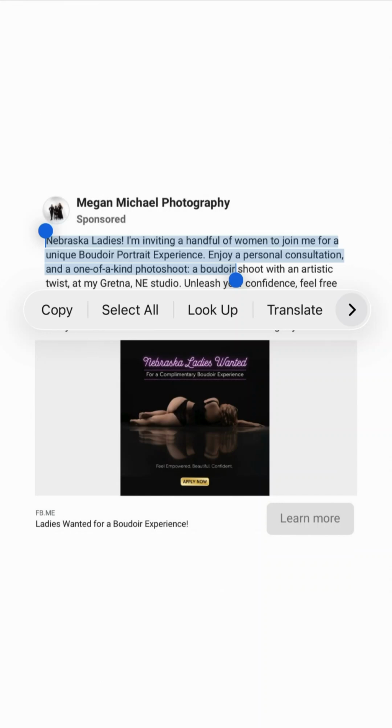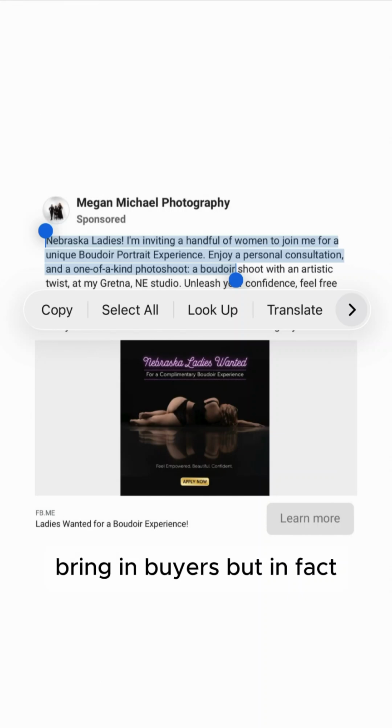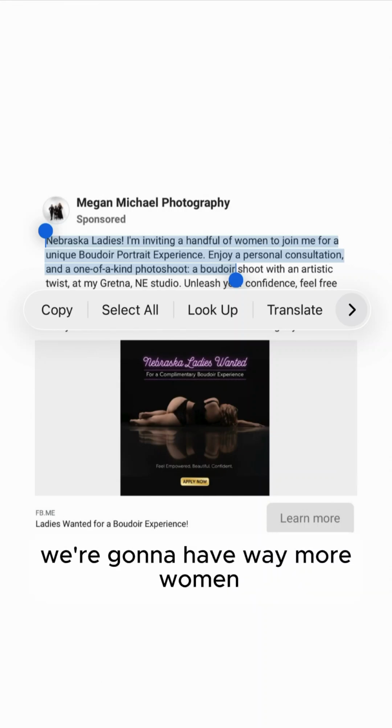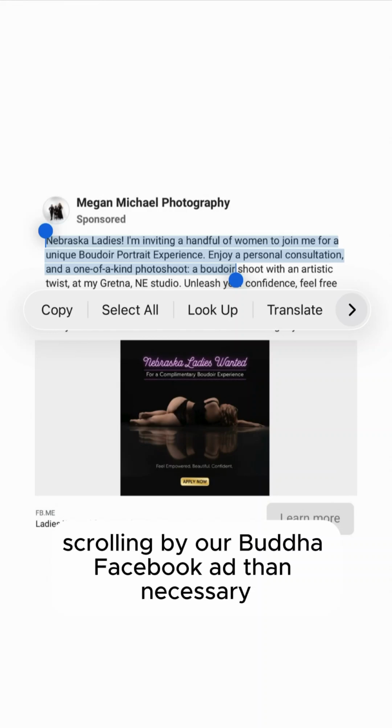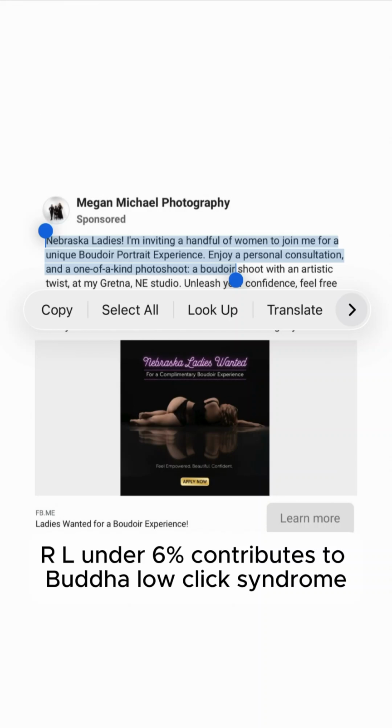And we believe that is the number one thing that'll help bring in buyers. But in fact, the way we have it right now, we're going to have way more women scrolling by our Boudoir Facebook ad than necessary. So our ad never even enters their brain. So this contributes to BLCS, pulling our unique CTR all under 6%, contributing to Boudoir low click syndrome.